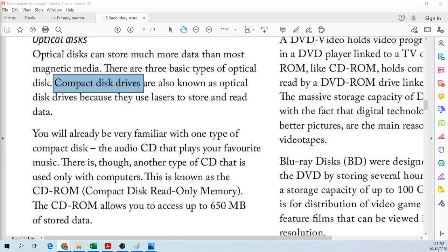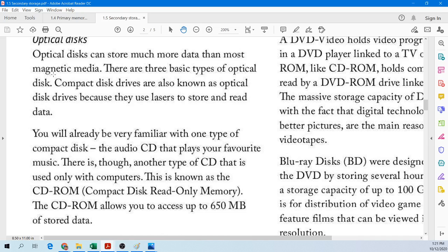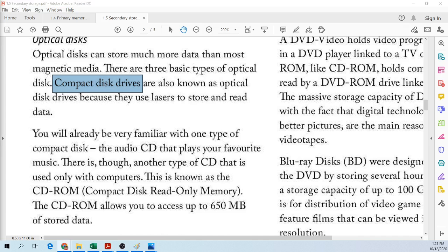The storage device is the thing that stores the media, and the storage media is what the storage device stores. So for the compact disc and the compact disc drive, which one is the media and which one is the device? Compact disk drive is the device and compact disk is the media. Very good.